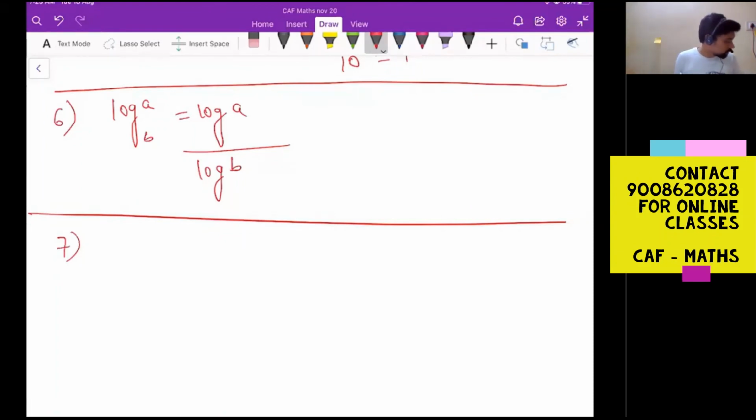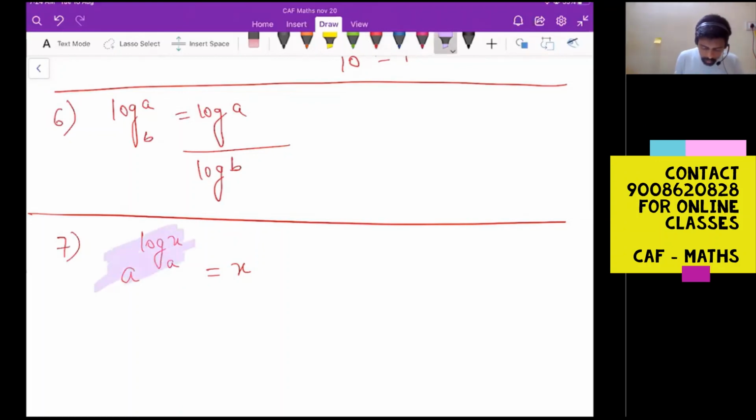The next property is a to the power log of x to the base a is equal to x. So the property name is the inverse logarithm property.